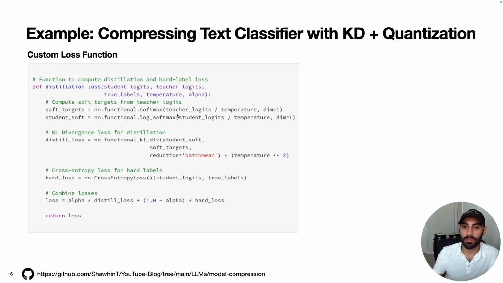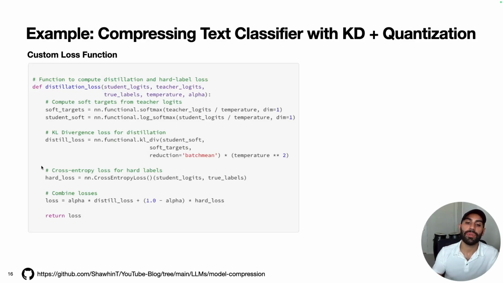So we generate a probability distribution corresponding to the teacher's prediction, and then a probability distribution corresponding to the student's prediction. And now that we have two probability distributions, one from the teacher model, one from the student model, we can compare their differences using the KL divergence. PyTorch has a built-in method that does that, so we can just easily compute the difference between these two probability distributions using this line of code here.